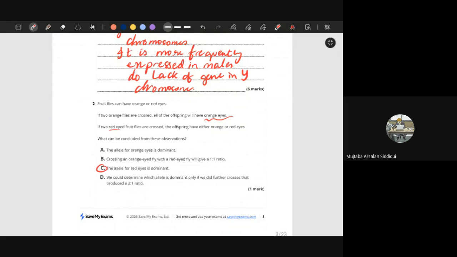So this is showing that two red-eyed flies will be heterozygous, and that will produce orange and red eyes, right? So this is only possible when you have two dominant heterozygous, resulting in one homozygous recessive and one homozygous dominant, and probably two heterozygous dominant as well, right? Yeah.